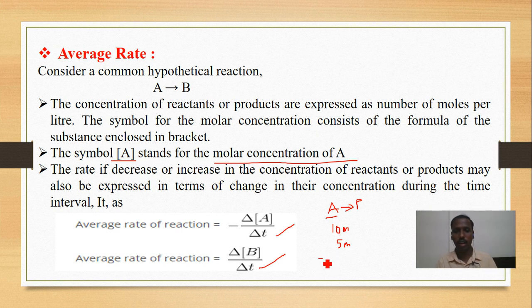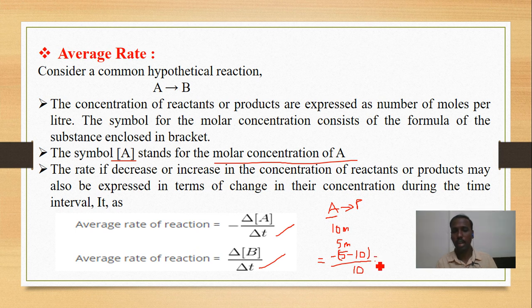We can find the rate of reaction with respect to the reactant: minus, final concentration minus initial concentration, which is 5 minus 10 in the bracket, with respect to time. Time is 10 seconds.